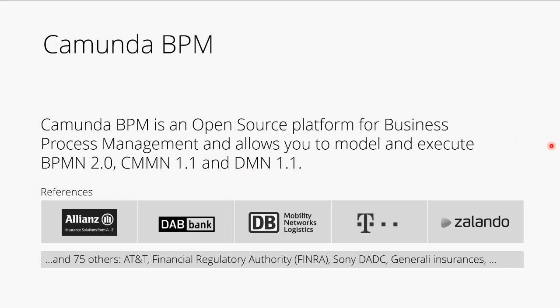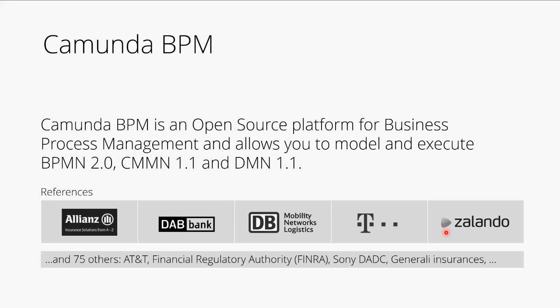We have a number of customers using Camunda BPM. So here are some logos that are representative for the industries that are typically working with Camunda BPM. For example, the insurance industry, the finance industry, the logistics, like for instance the German National Rail, telco providers, as well as basically any company that relies on IT in order to implement their business model. Like for example, Zalando, which is I believe Europe's biggest online fashion retailer.